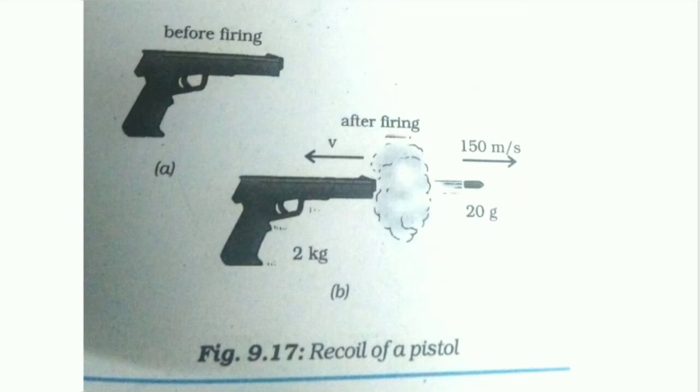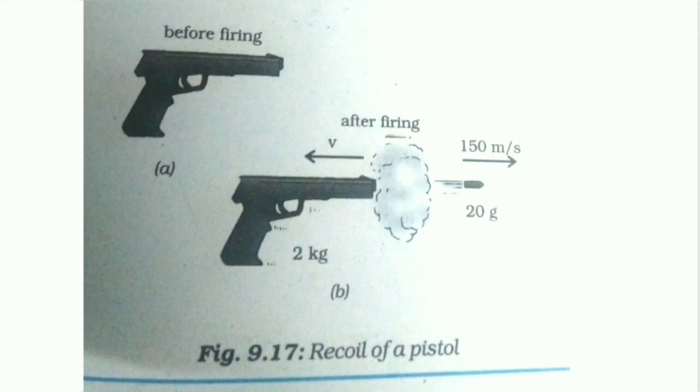Now here in the picture we can see two pistols. Figure A shows the pistol before firing and figure B shows the pistol after firing. Before firing, both the bullet and the pistol are at rest. That is the reason we took the initial velocities of both the bullet and the pistol, u1 and u2, to be 0.